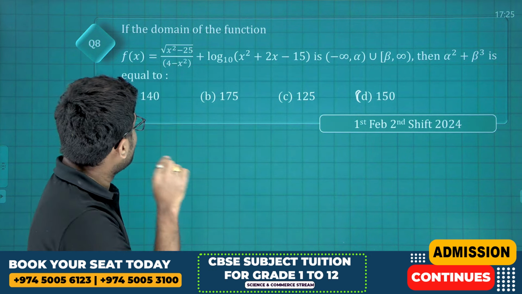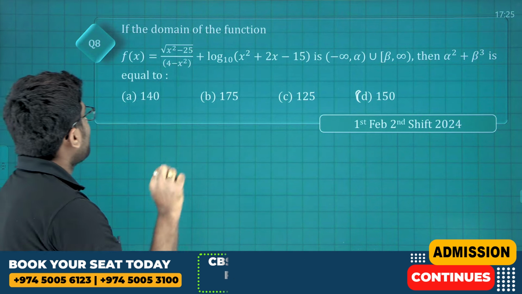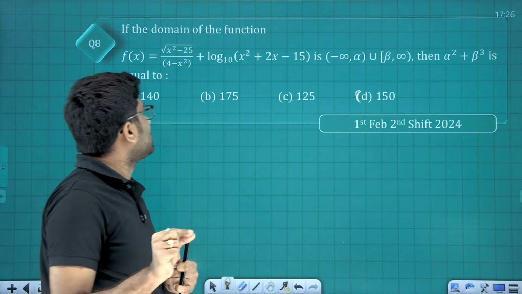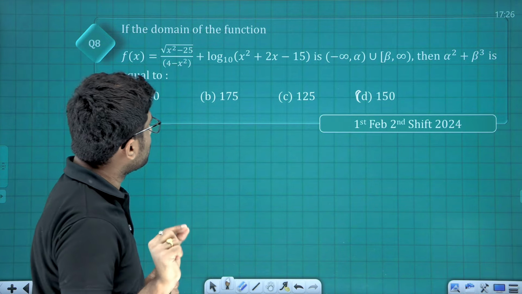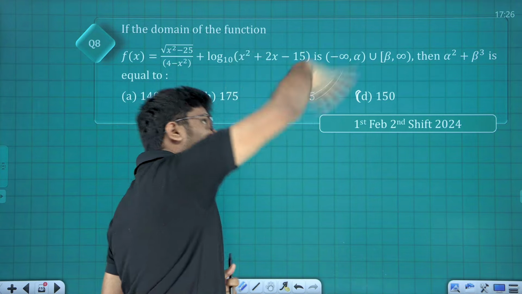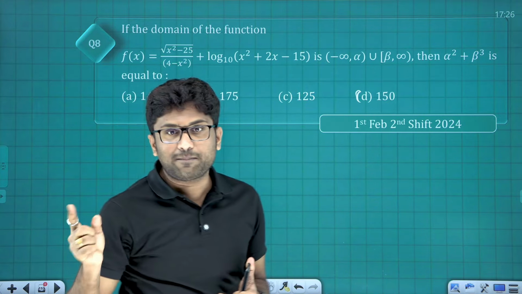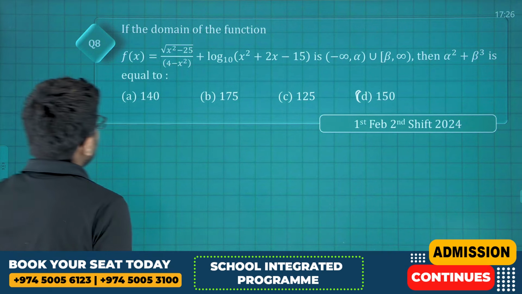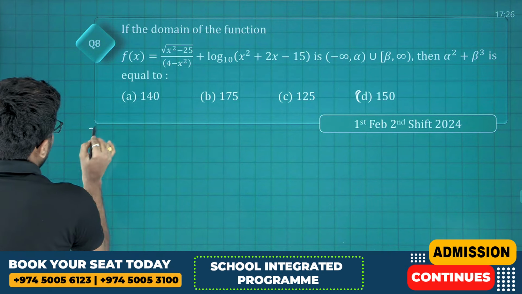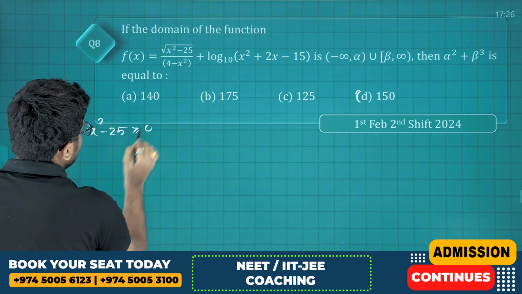Next question. If the domain of the function f of x is equal to root of (x square minus 25) divided by (4 minus x square) plus log of (x square plus 2x minus 15). They have already given the domain. If we can find the domain and compare that with this, we'll get the values of alpha and beta. So first, x square minus 25 is for sure greater than or equal to 0.